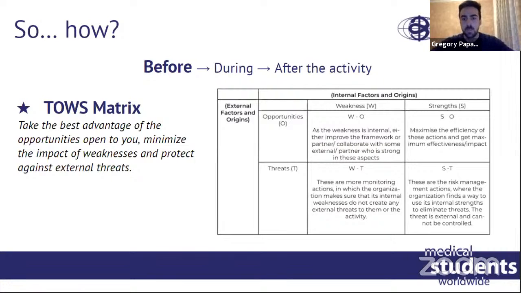And in a similar way it goes also with strengths and threats, and strengths and opportunities, how to maximize the efficiency of these actions. So the TOWS matrix is basically your plan on how to use all those things that you identified during your baseline assessment, during your SWOT analysis. And I think it will be the most important of those three.